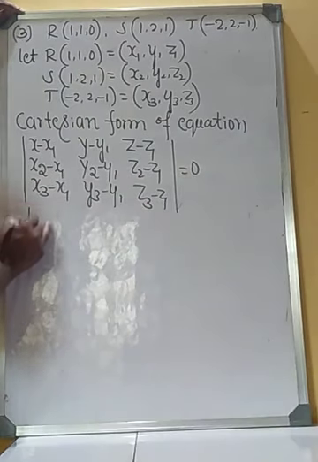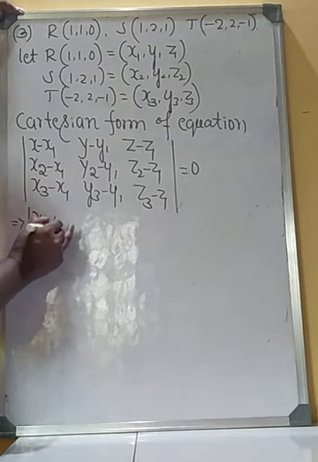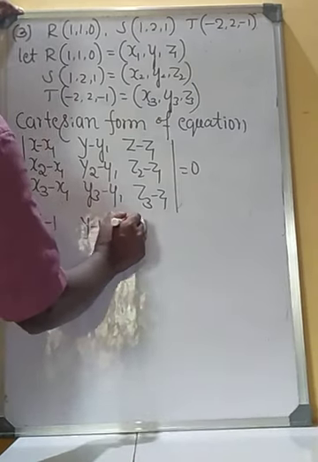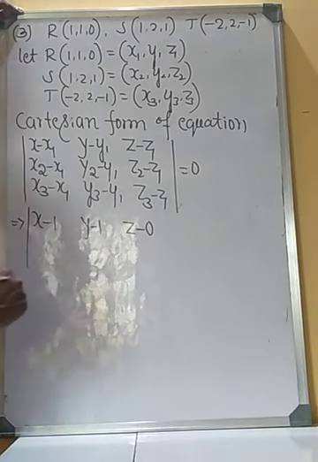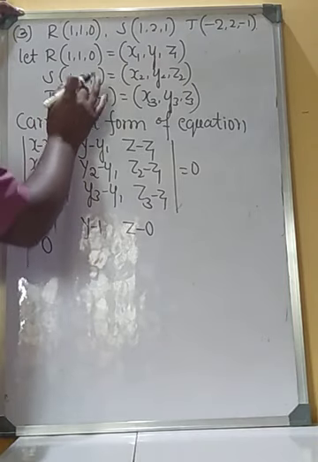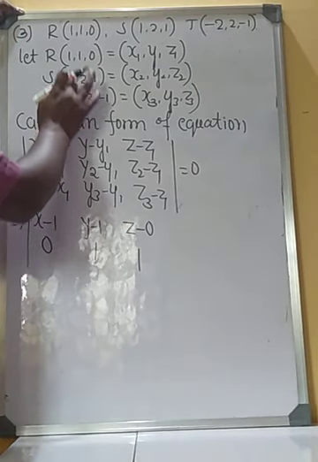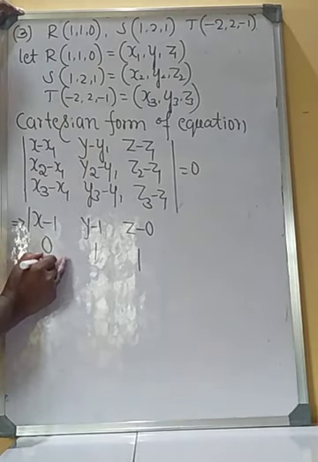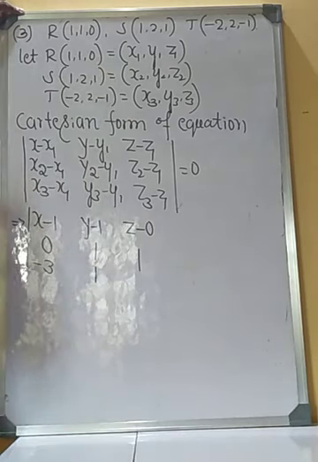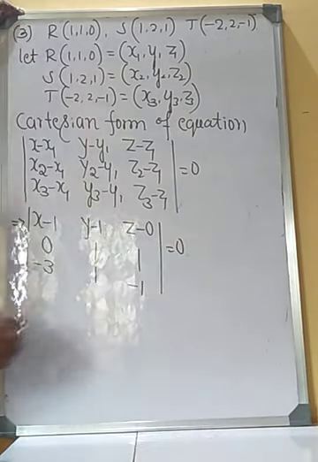This implies the determinant of x minus 1, y minus 1, z minus 0; 1 minus 1 = 0, 2 minus 1 = 1, 1 minus 0 = 1; -2 minus 1 = -3, 2 minus 1 = 1, -1 minus 0 = -1, equal to 0.